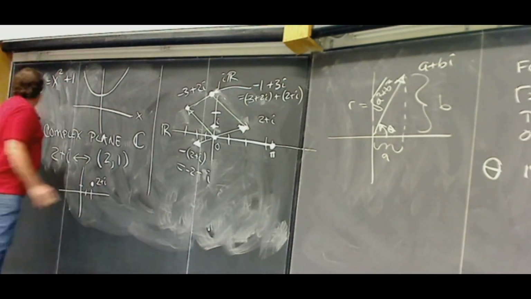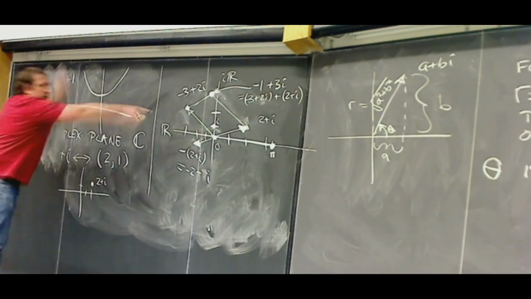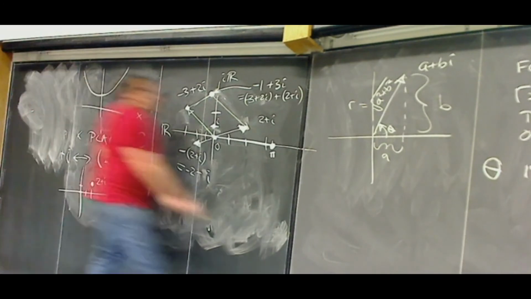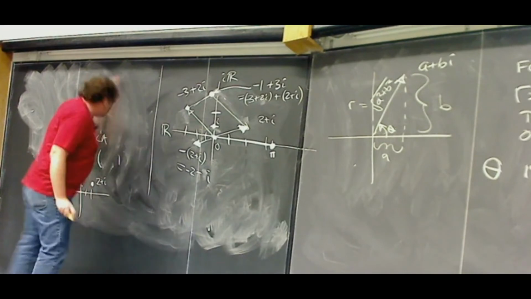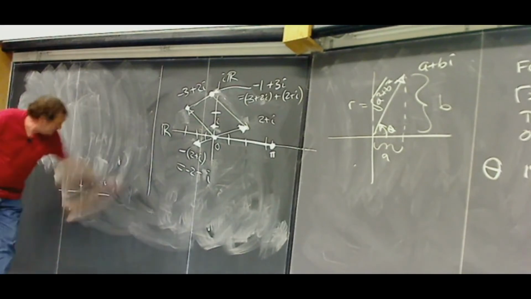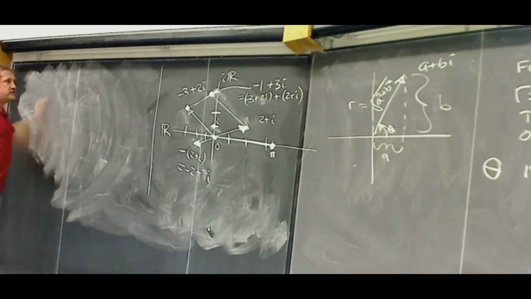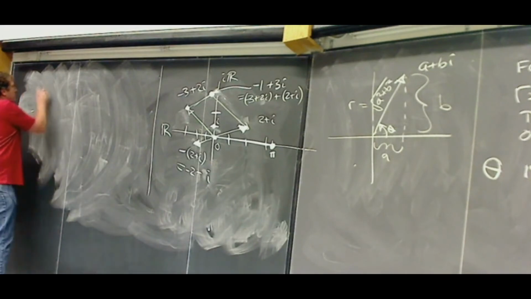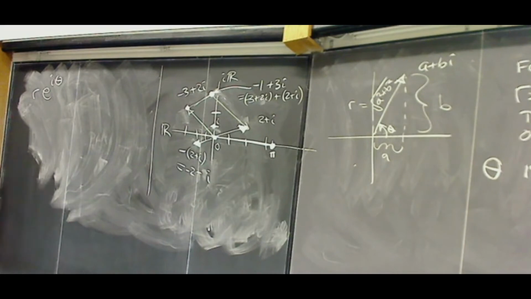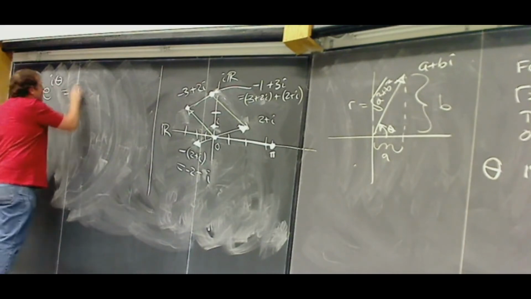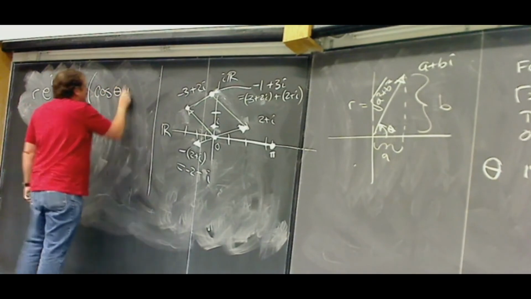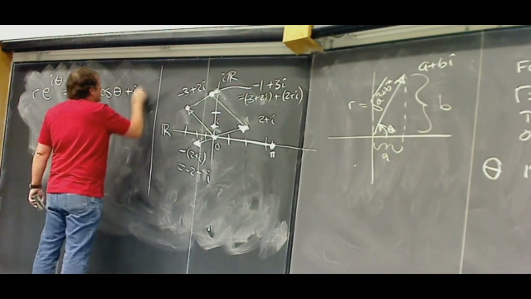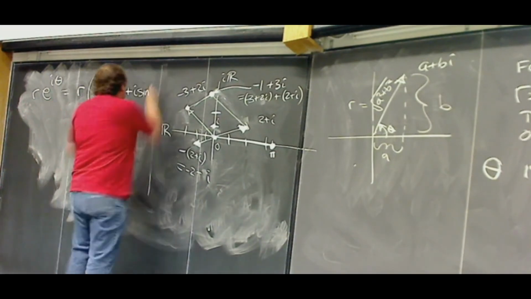So let me say it again in a slightly different way using this picture here. This is the same as saying, well, let's just look at the polar form. This is the radius times the cosine of theta plus i sine theta.